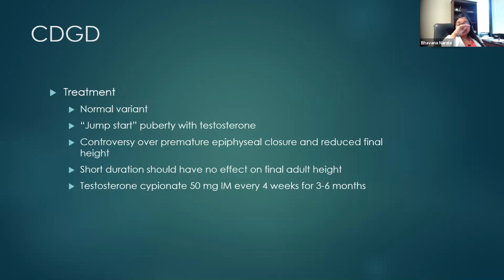And I don't know the exact height in inches that would be affected, but I would think that short courses would be totally reasonable to do in these kids. So we can offer jumpstart with testosterone and then usually just time.